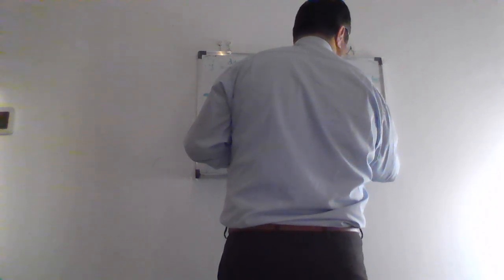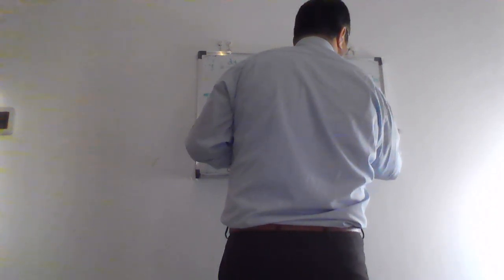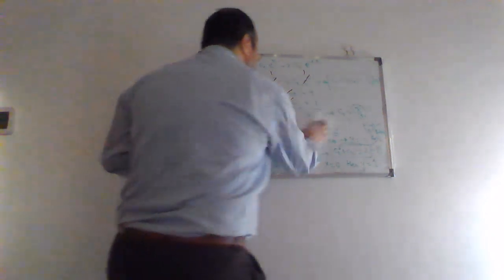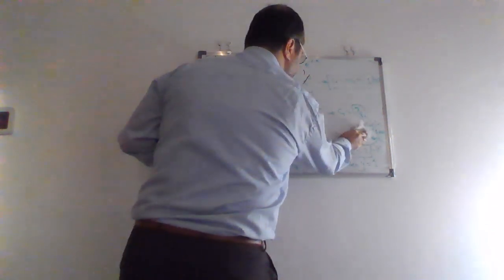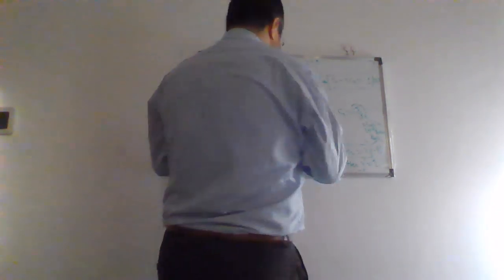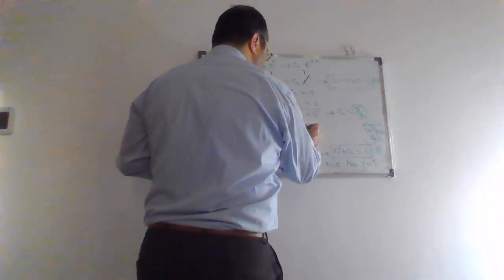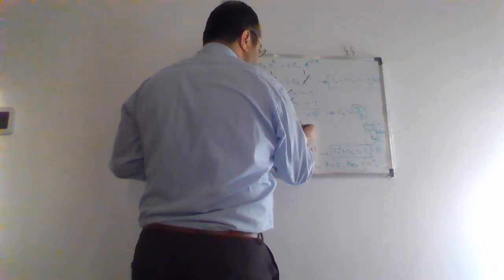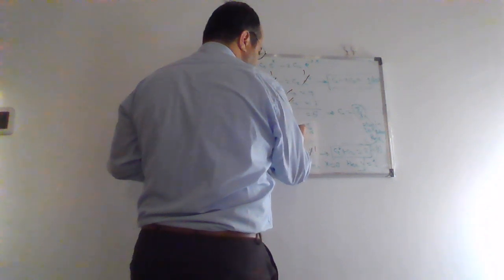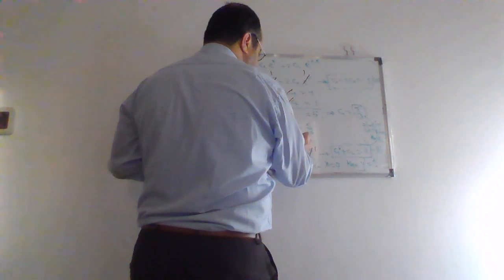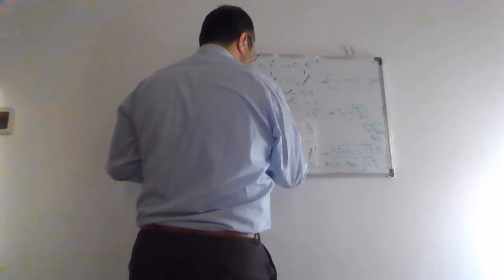Then this is what you're going to get. C2 will be just 2 minus 5 over 3. It will be just 6 over 3 minus 5 over 3. You get 1 over 3, right? So C2 is 1 over 3.